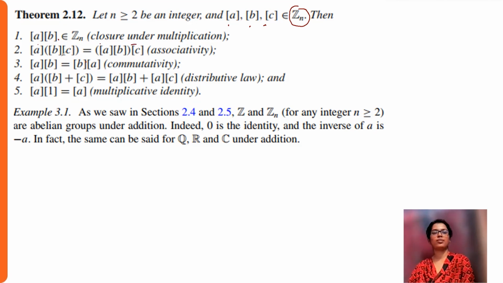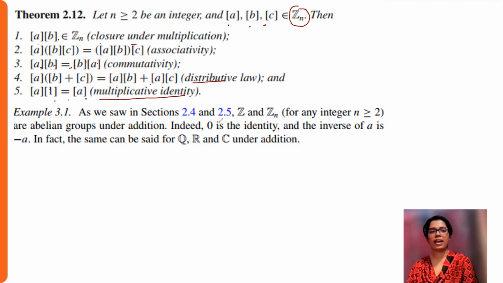We can define associativity and commutativity as well: class A multiplied by class B is equal to class B multiplied by class A. We can define the distributive law: class A into class B plus C is equal to class A into class B plus class A into class C. We can define multiplicative identity as well: class A into 1 is equal to class A.